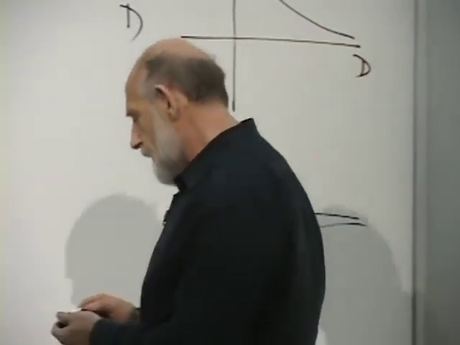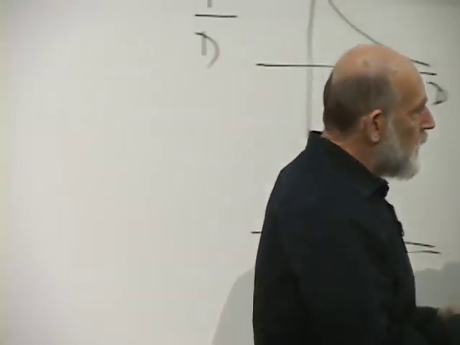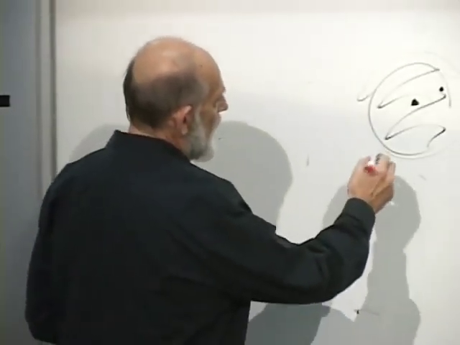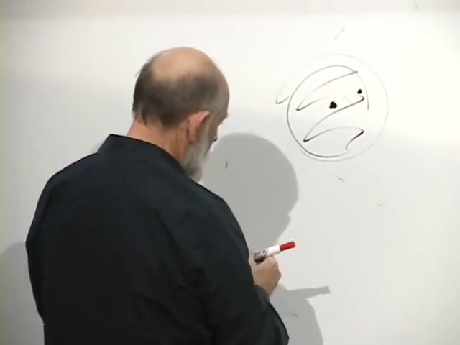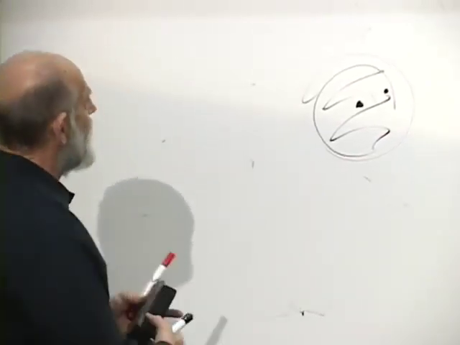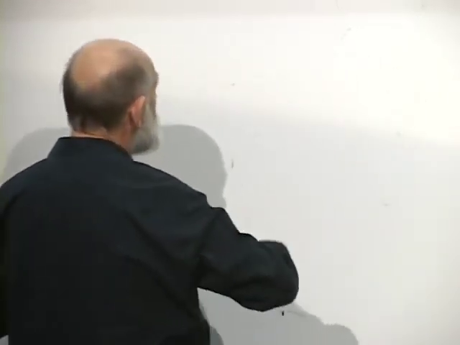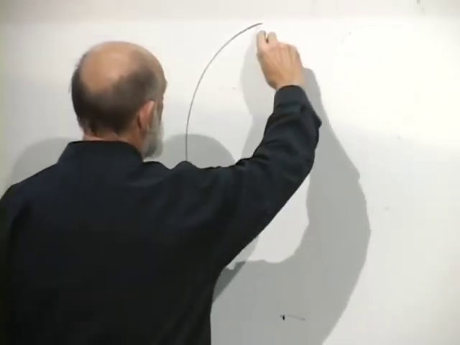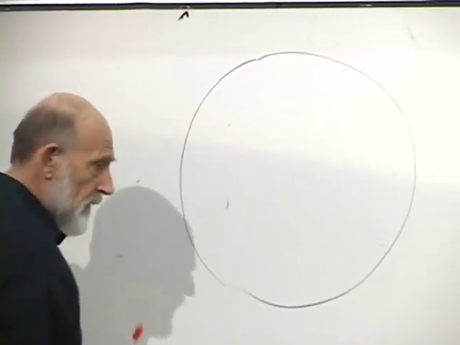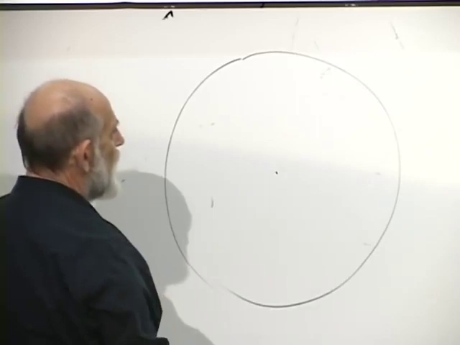Then Newton's theorem says the following. Let's draw this carefully. We have a distribution of matter which is spherically symmetric. It doesn't have to be uniform. It just has to be isotropic relative to the center.